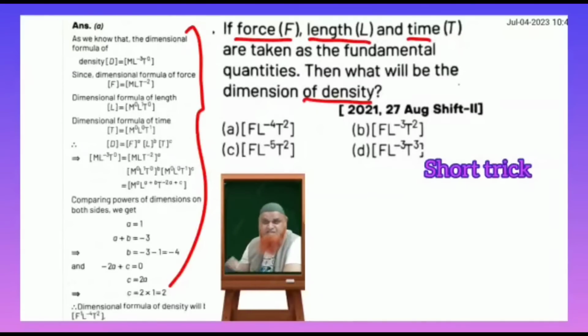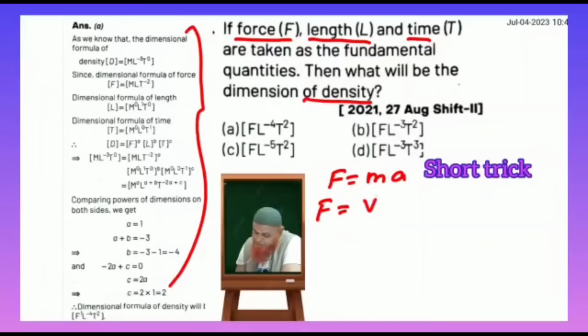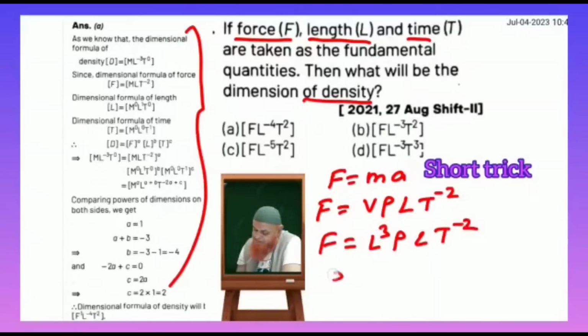How can you do that one? In a simple shortcut method. It's very simple. You can just write force is equal to mass into acceleration. Okay, and you can write force. Mass is nothing but volume into density, and acceleration you can write it as LT power minus 2. So force, volume means you write L cube, density L t power minus 2.